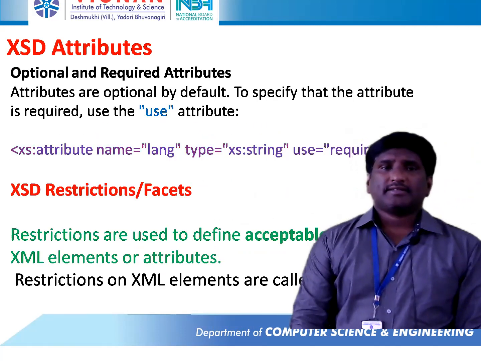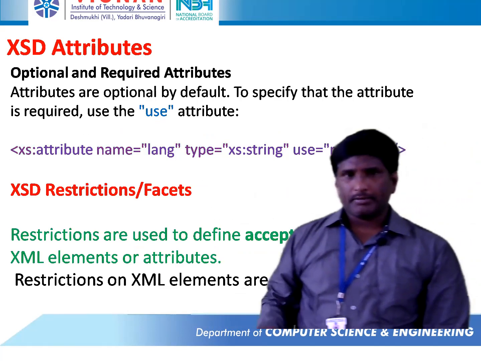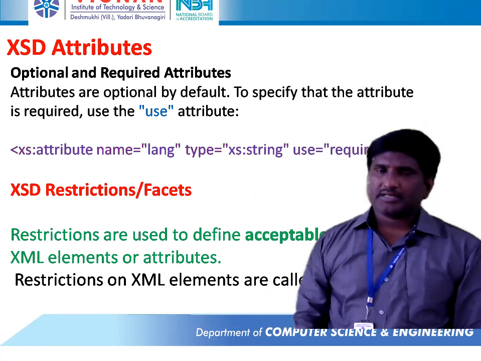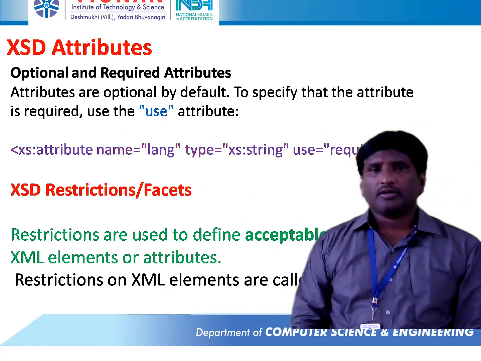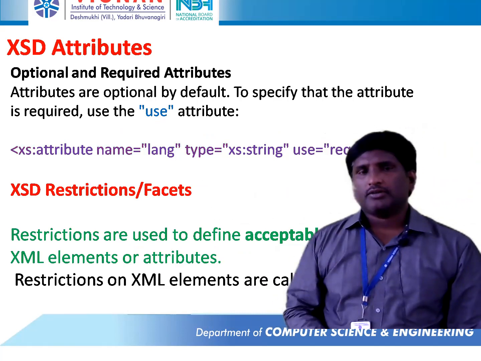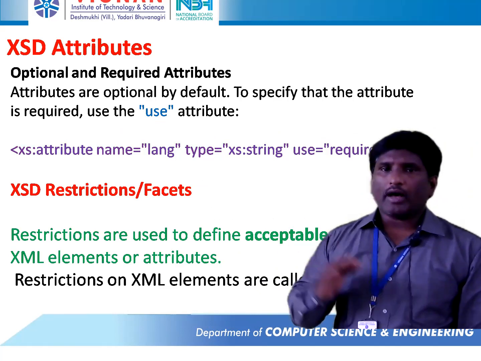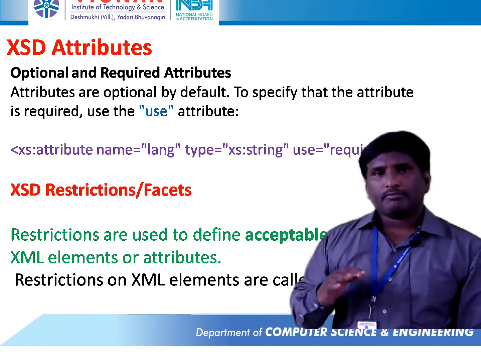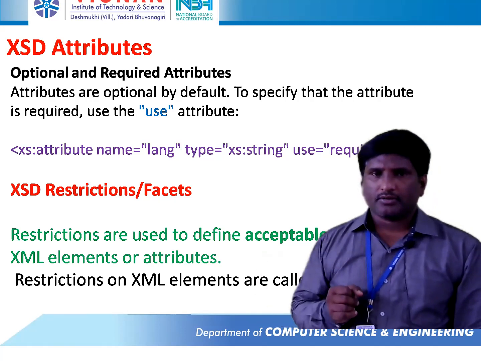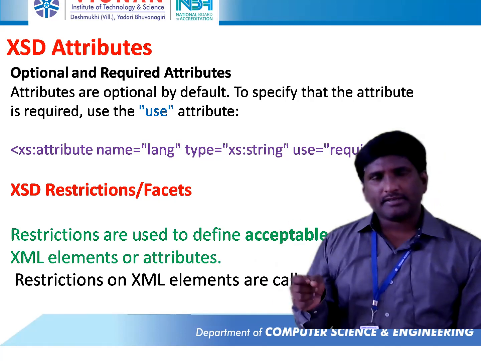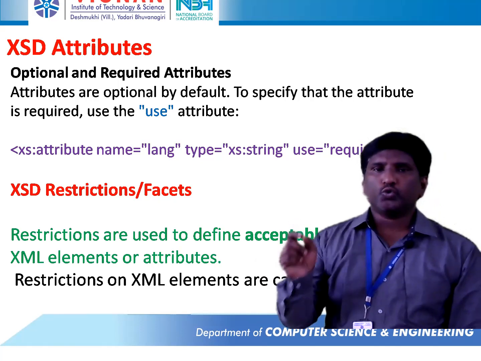And in XSD, optional and required attributes we can use. Attributes are optional by default. To specify that an attribute is required, just use the use attribute. If you specify required attributes for the element, you should specify use.